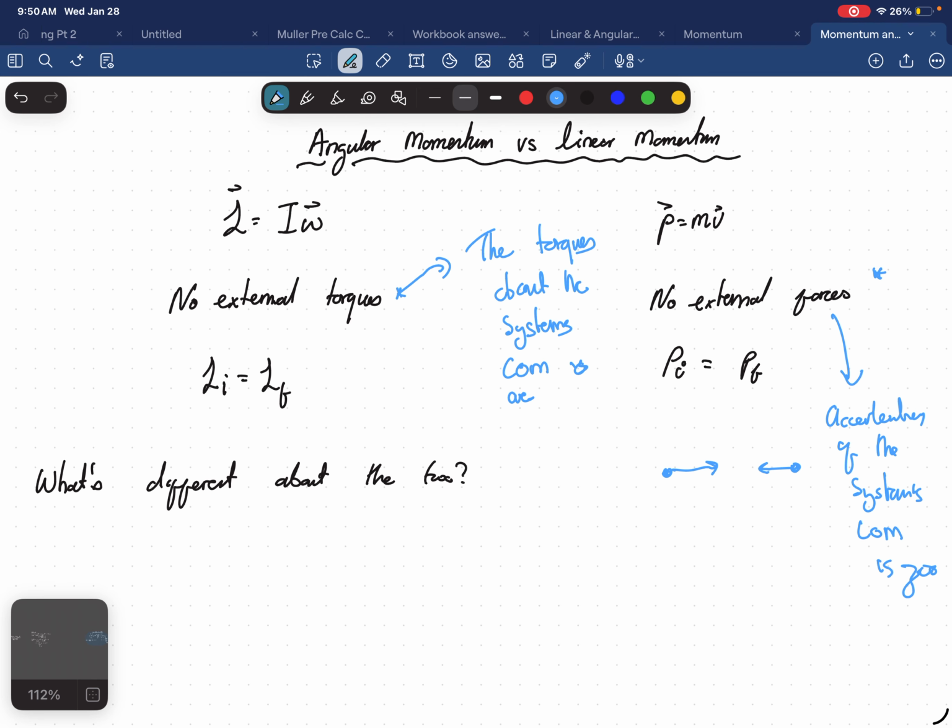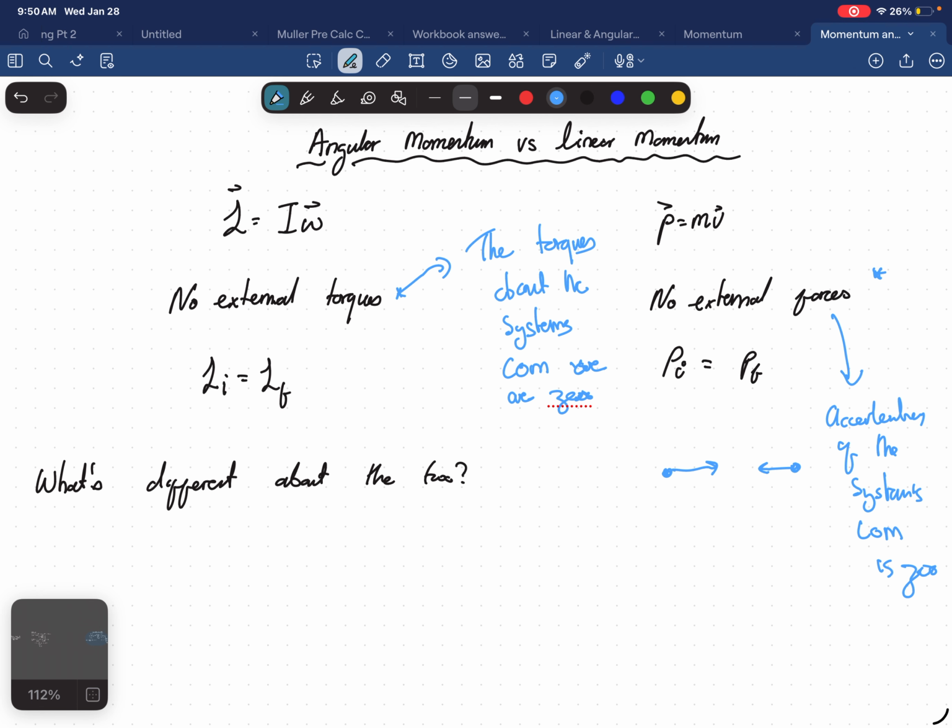Our conservation of angular momentum theorem is that the angular momentum initial is equal to the angular momentum final, and likewise the momentum initial is equal to the momentum final. Initial and final are basically before and after the event, so before the collision and after the collision.